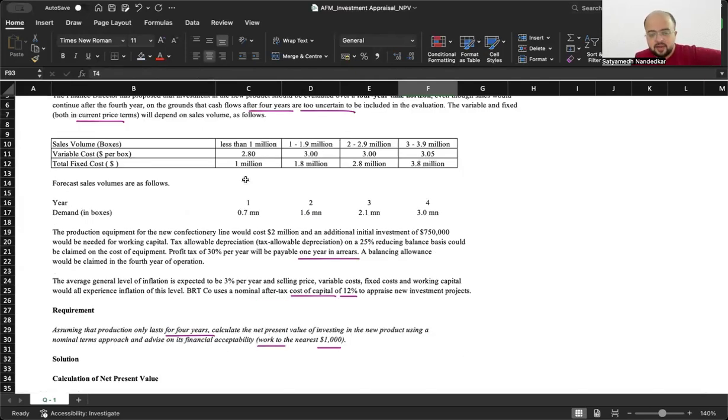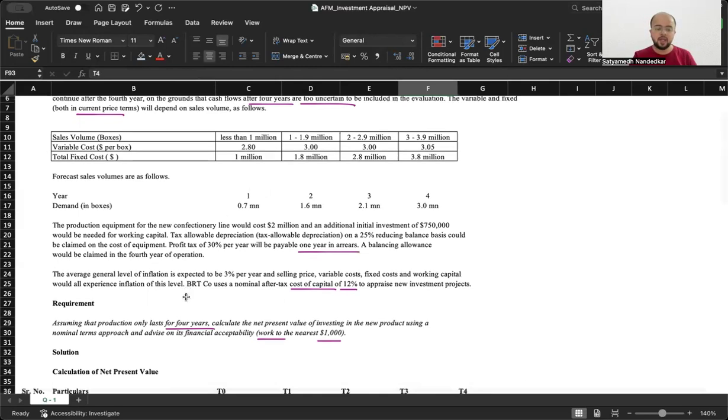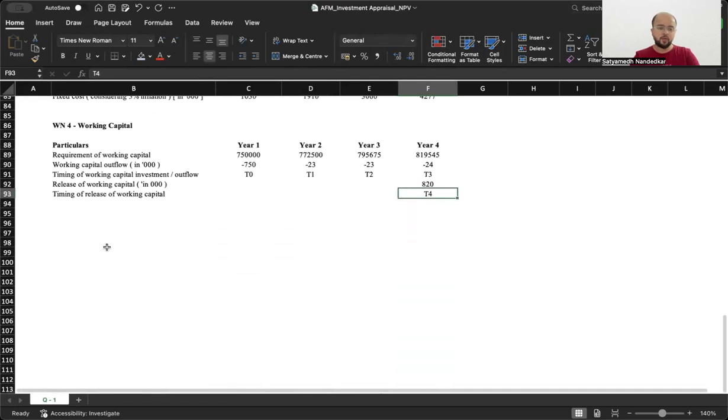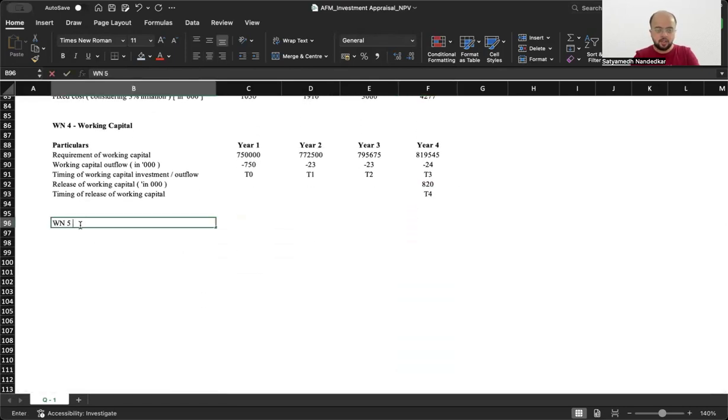The only thing that is left is tax allowable depreciation on a 25% reducing balance basis would be claimed on the cost of equipment. Working note 5 is calculation of tax allowable depreciation and tax saving.